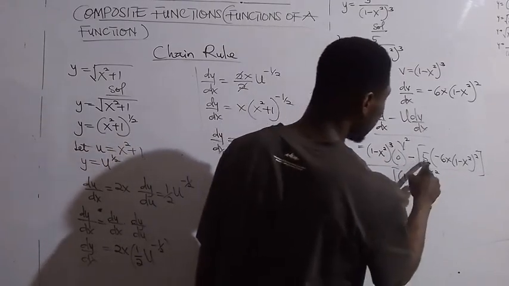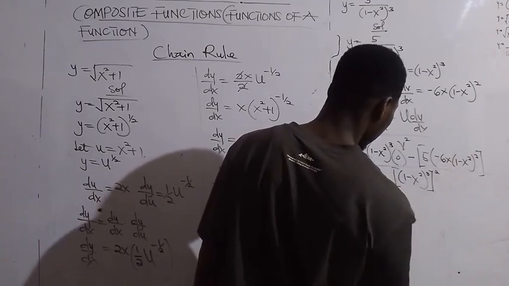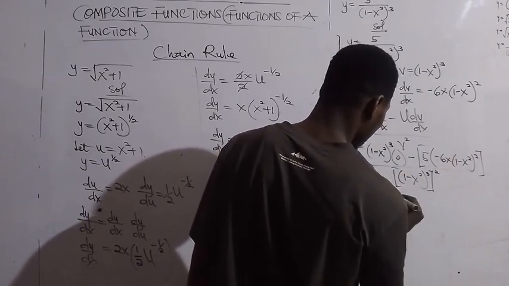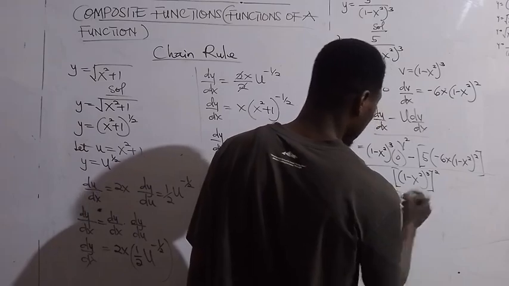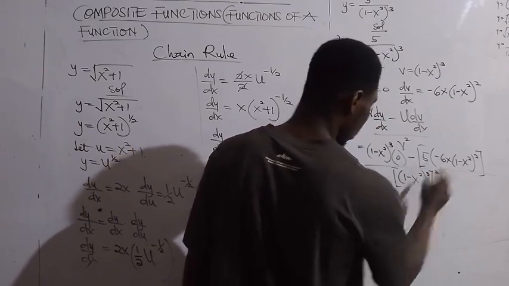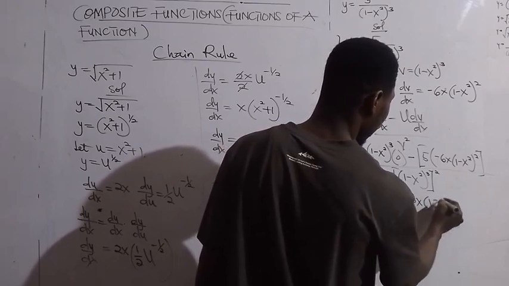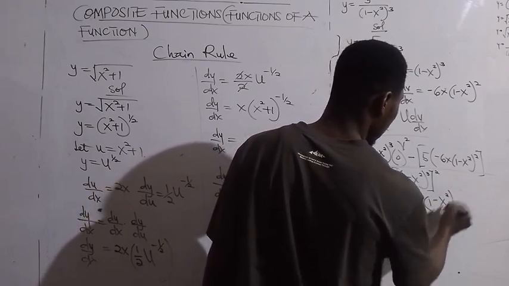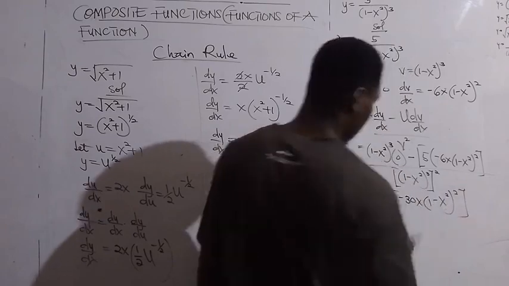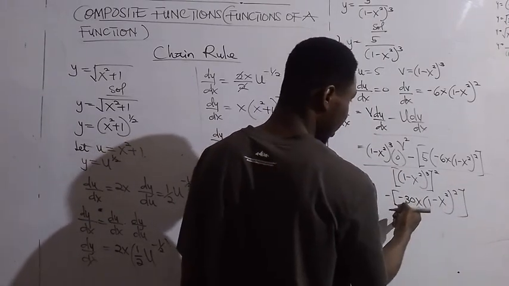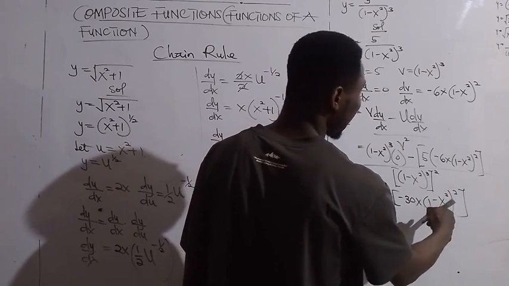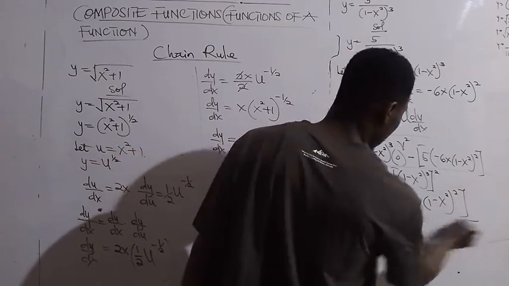Then we have negative 5 and negative 6. This will give us, let me open the bracket first now. This is negative. So this and this will give us negative 30x, 1 minus x squared bracket squared. I believe you are getting it. 30x, bracket open, 1 minus x squared all squared, all over.